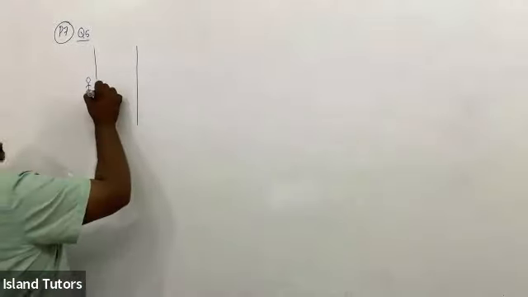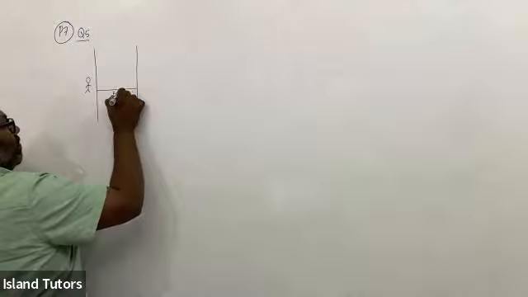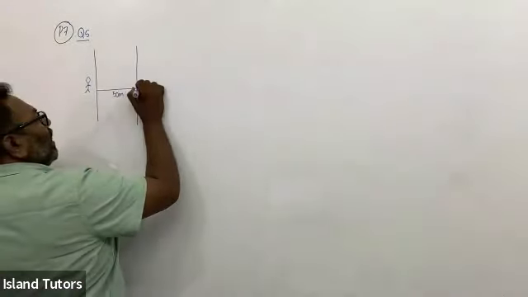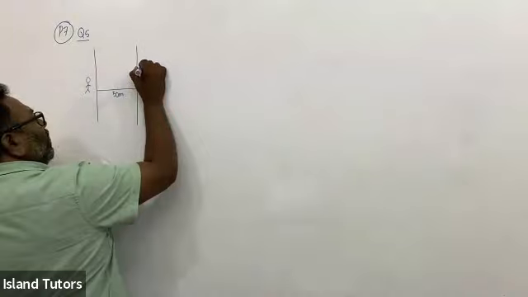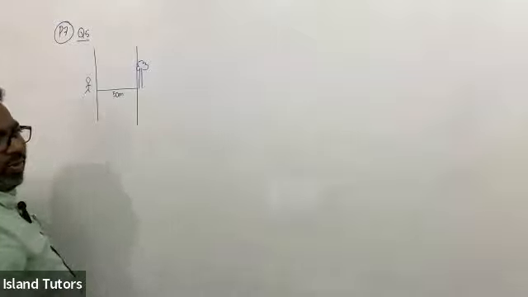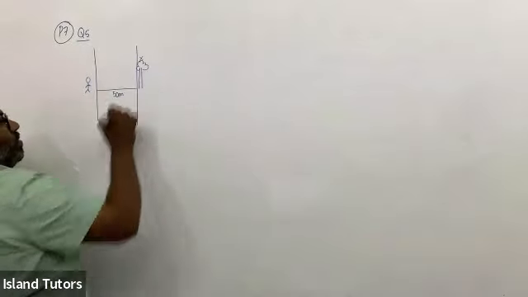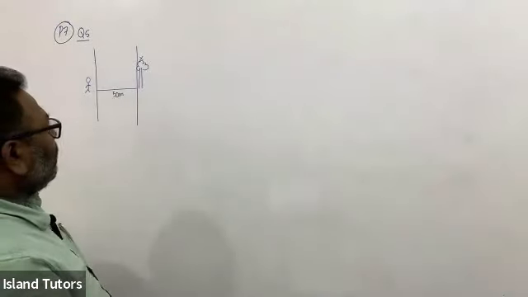The width of the river is 50 meters. The tree is standing over here, and there is a bird here. We'll put the X as your bird.